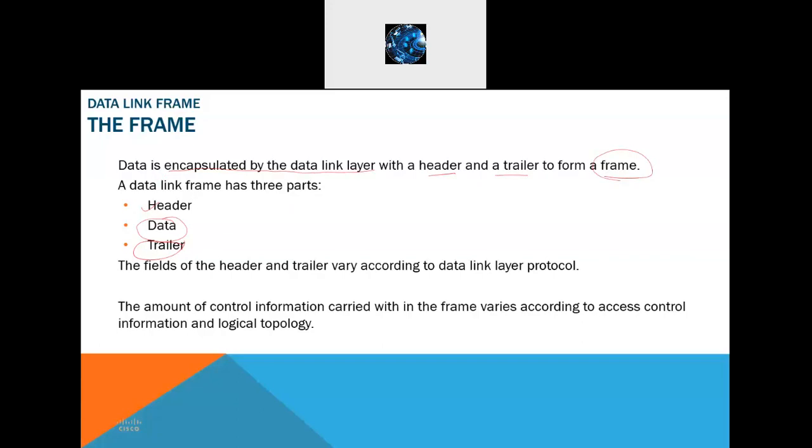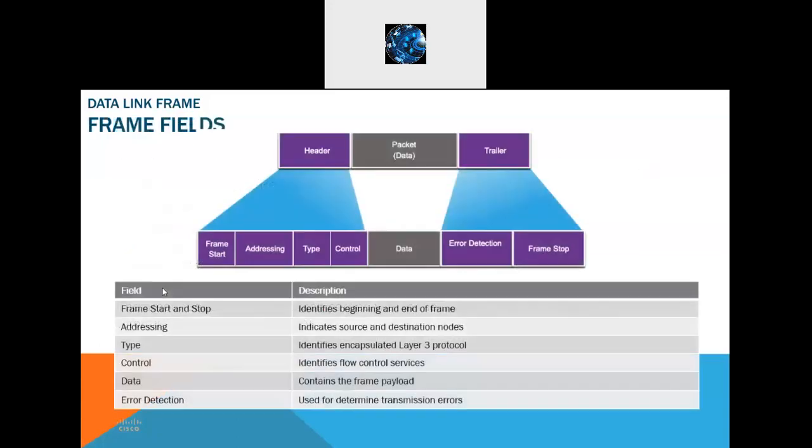So we call that a data frame, and you know who is in charge of that. The amount of control information carried within the frame varies according to access control information and logical topology. Now, I won't go into this for now. We'll come to some other technology where we're going to be talking about that.